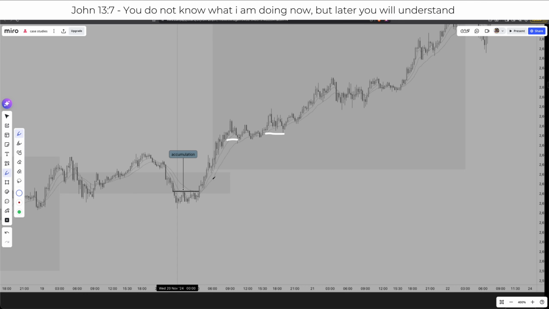Momentum candles. So it would be here. Here. Would that really be momentum candles though? I feel like a momentum candle would just be like, you know, moves like that. That would be like momentum, right? And then trailing under there.